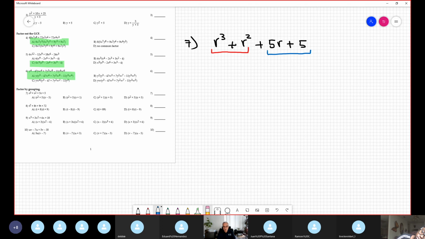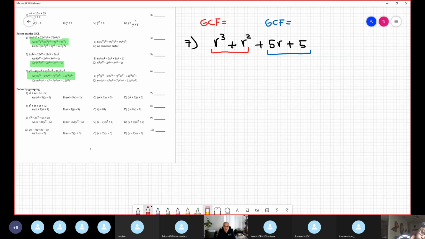See, if it doesn't work, you maybe select another arrangement. But in this case, I suppose it's good. Then you find the GCF in the red part only, ignoring the blue part, and the GCF in the blue part, ignoring the red part.